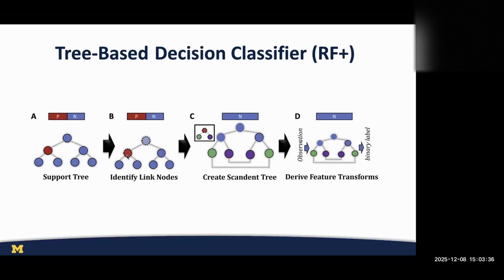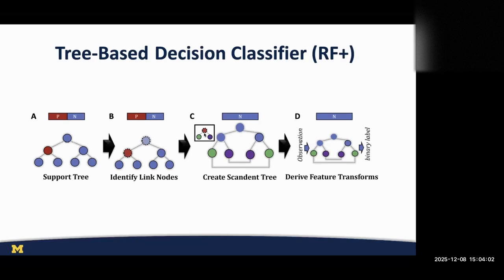Once we identify the linked nodes, the goal is to replicate the activity of this tree up to that linked node. So now we create what is called a scandent tree from the non-privileged features. Basically, we use the non-privileged features to try to replicate the activity up to that linked node.